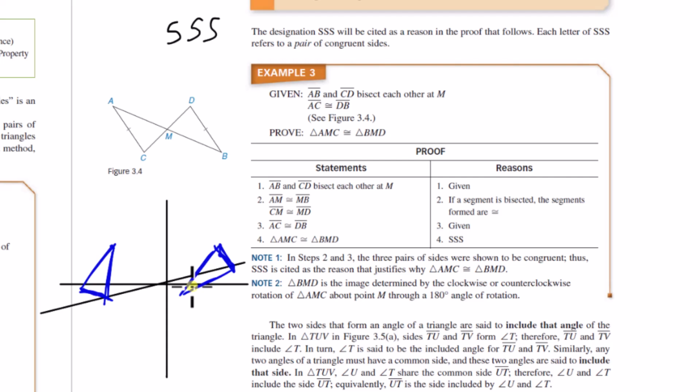They're oriented completely differently. But if you can show that this side length is equal to this side length, this side length is equal to this side length, and this side length is equal to this side length, then you've proved those two triangles are congruent based on the side postulate for triangle congruence. These are the same triangle, just oriented differently, which means that you automatically know that the corresponding angles are congruent.